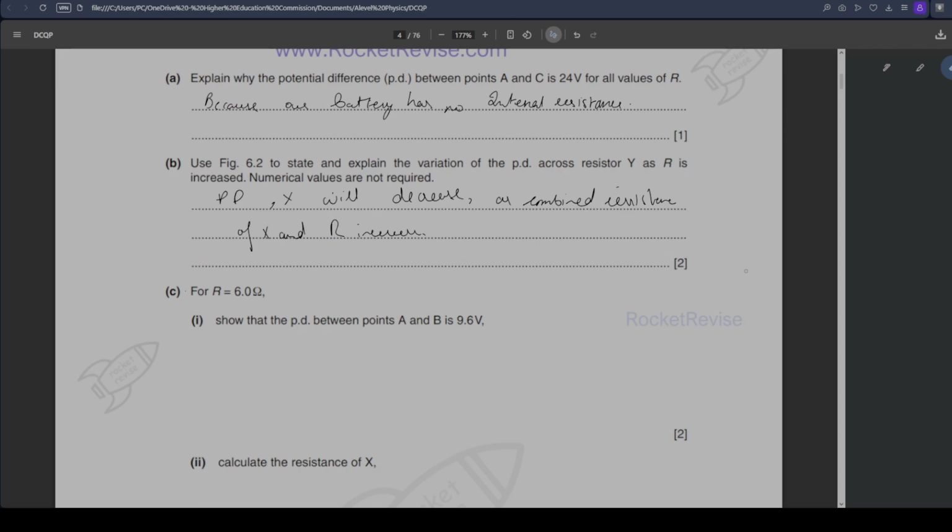Okay, so the next part, for R is equal to 6, show that the potential difference between points A and B is 9.6 volts.